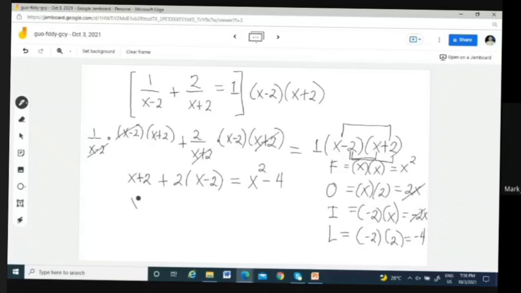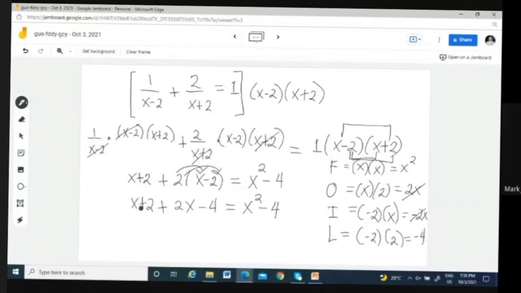Simplifying further, we will be having x plus 2 plus, distribute 2 to x minus 2. 2 times x is 2x. 2 times negative 2 is negative 4, is equal to x squared minus 4. Then, following the CRAM method, add or subtract similar terms.